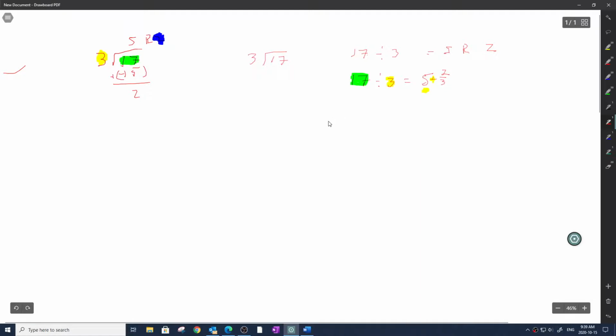Or we can even take 5 2/3, and if I multiply it by 3, we know that should be equal to 17, right?